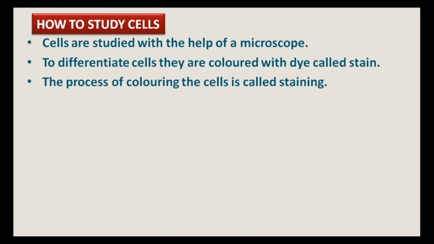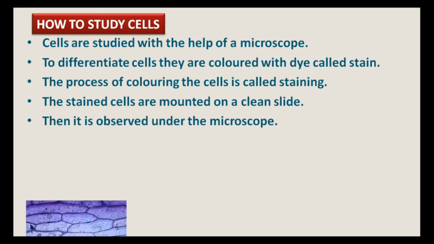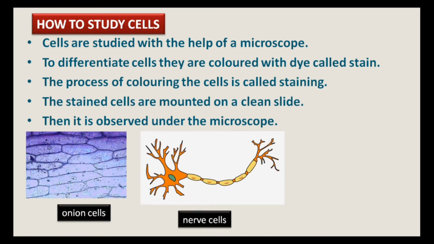The stained cells are mounted on a clean slide. Mounted means placed on a clean slide. Then it is observed under the microscope. As you can see, the microscopic structure of onion cells and nerve cells.